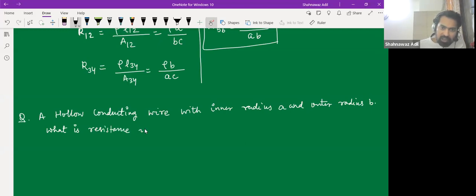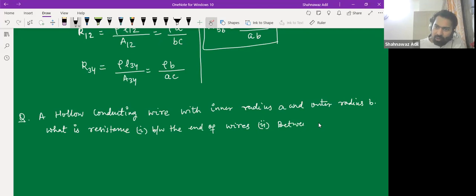First question is between the end of the wires, and second one is between the curvatures, right? I got disconnected, sir.